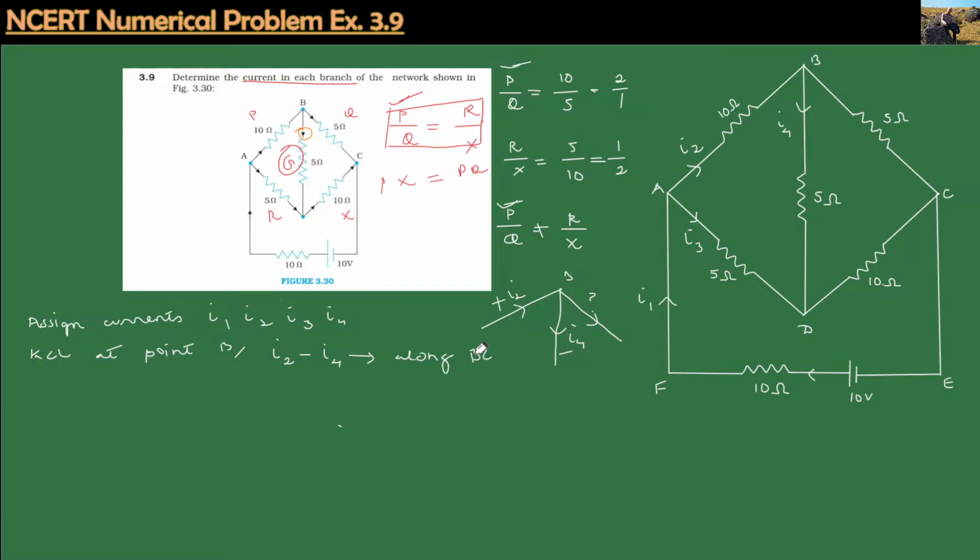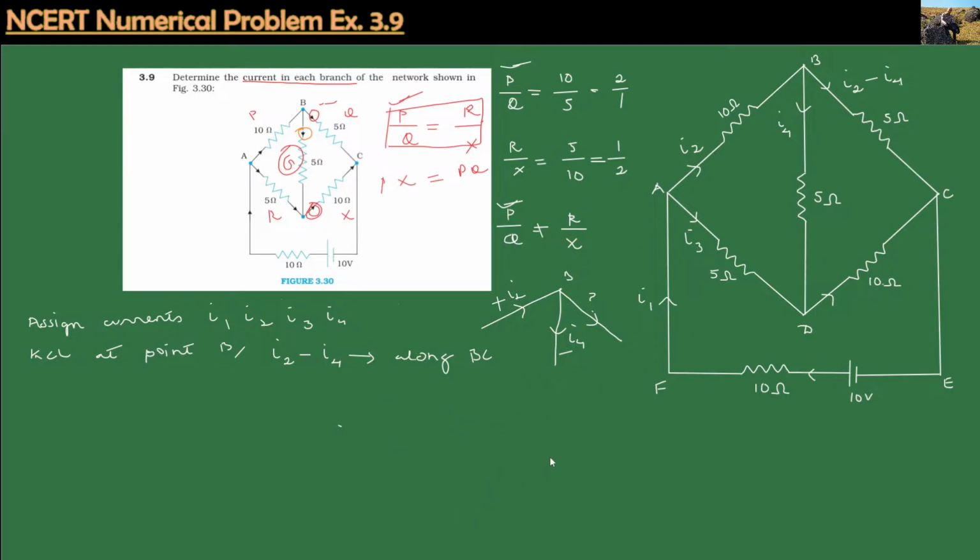Second point, let us mark over here: this will be the current I2 minus I4. Now we also need to find the current moving along this branch. We have determined this current, and we will determine this particular current which moves across the branch DC.